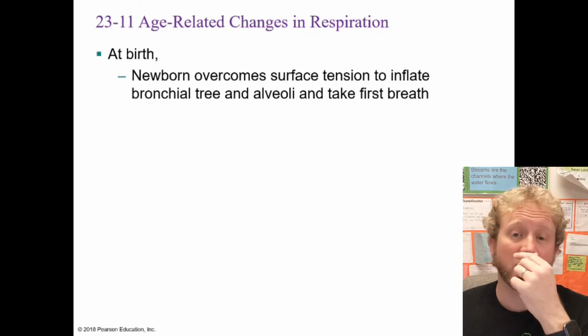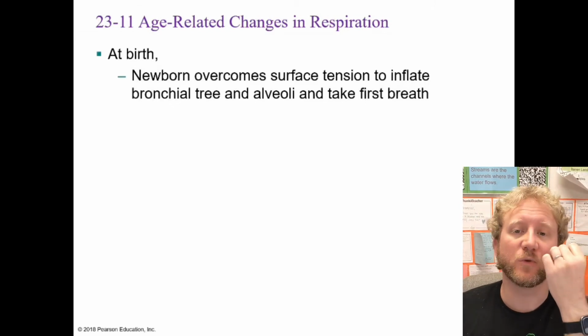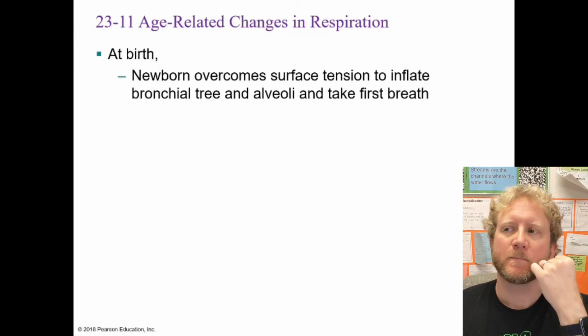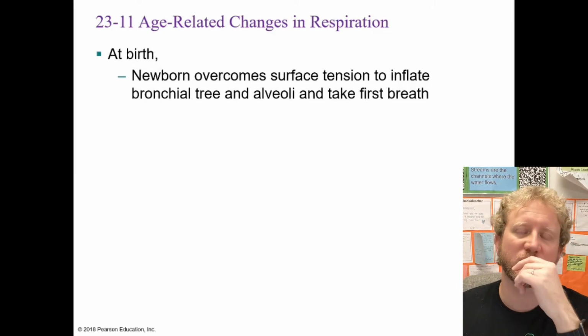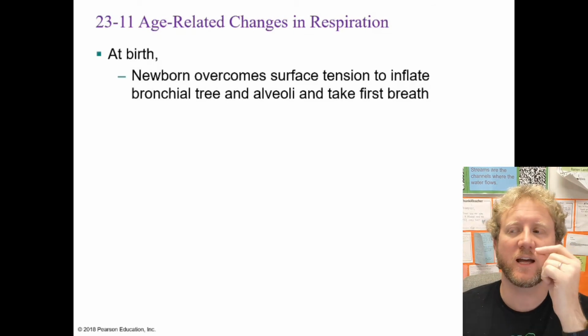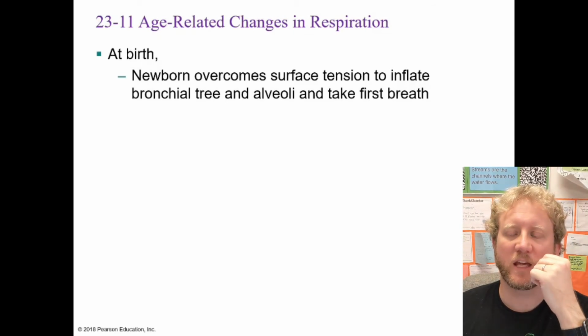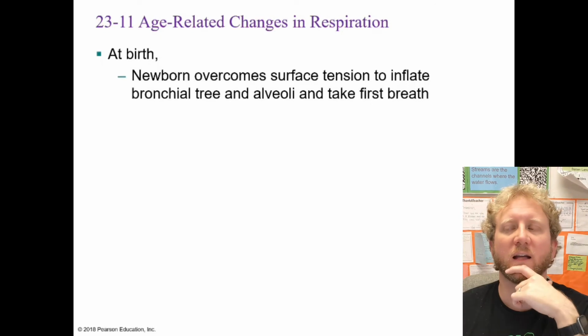A lot of doctors want to hear that scream when the baby comes out, that cry, because that means the lungs are working.